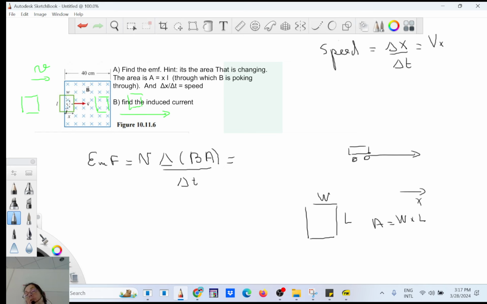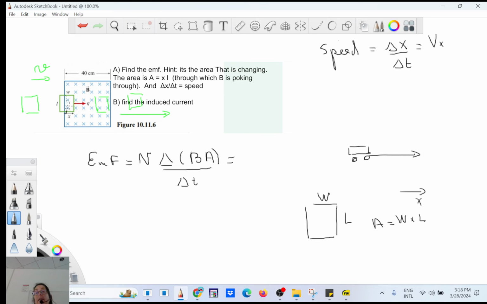Something has to change. Is the magnetic field changing? No. Is the area changing? The area is changing. This area is not changing, but we want the area poked through by the magnetic field. So only this area is changing, right?